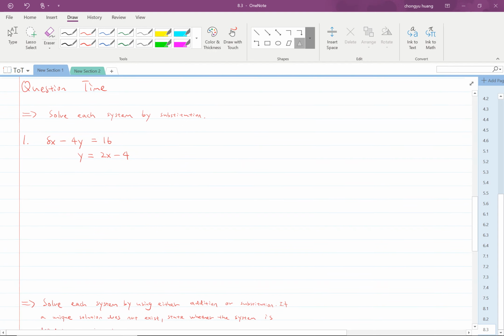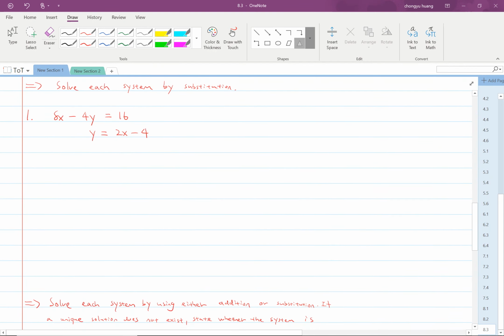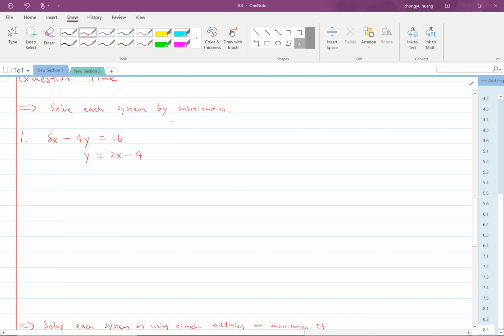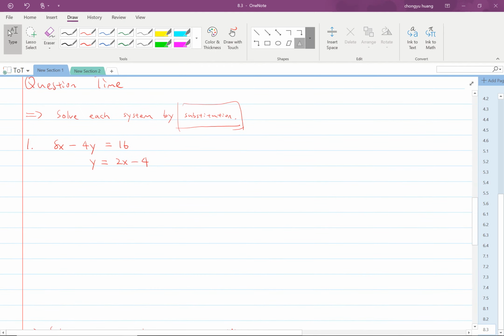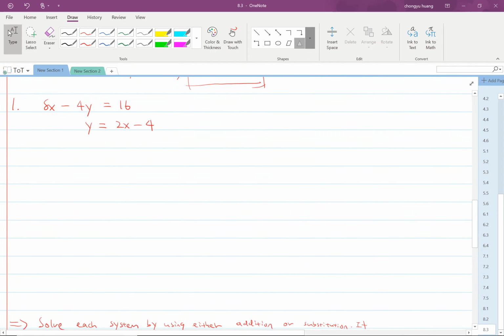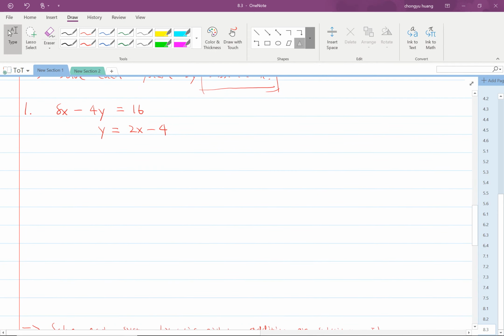Okay, so the first one, as you can see, we try using the substitution method, right? Here it says solve each system by substitution. Let me zoom in a little bit. As you can see, equation 2 is already solved for y.